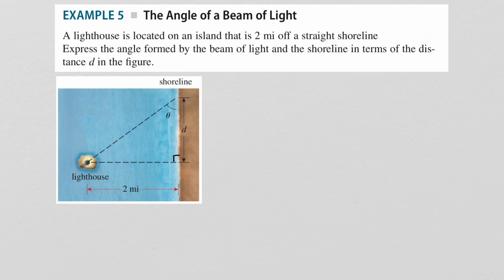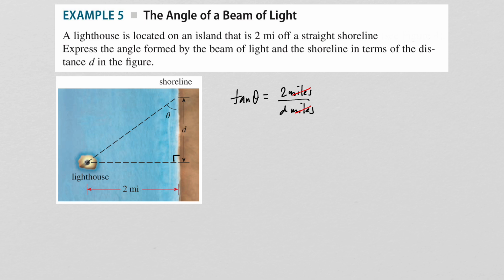the figure. So if you look at this picture here, you have a right triangle. For this angle theta, 2 miles is the opposite side and d is the adjacent side. So the relationship is that tangent of theta is going to be 2 miles divided by d miles. And of course, the miles cancel out.